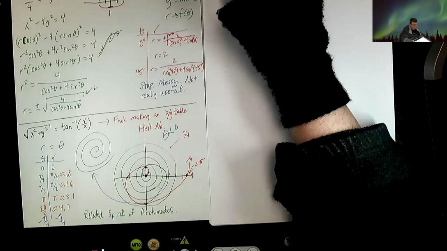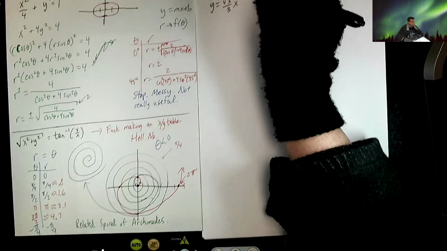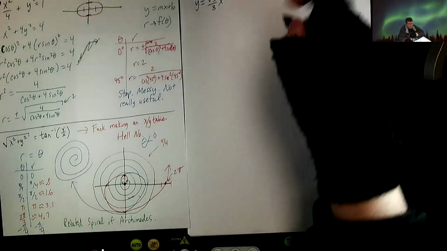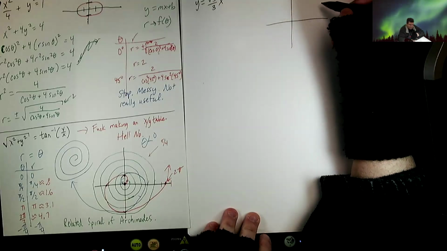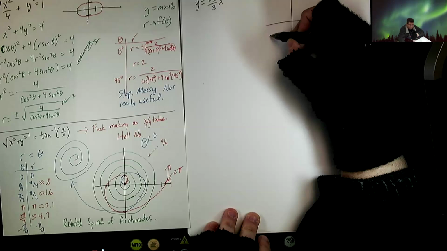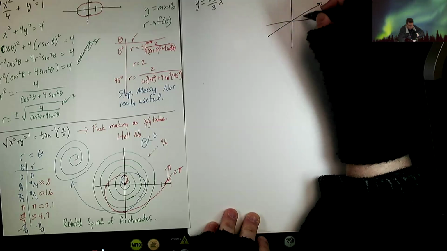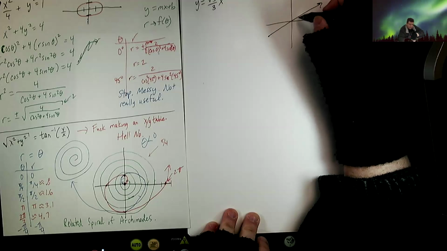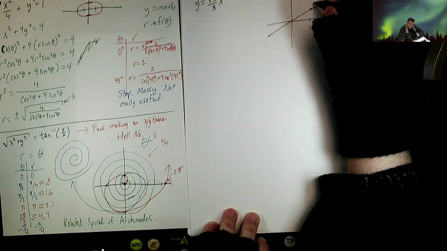y equals √3 over 3 x is a line, right? We can do that. Where when I go out x equals 1, I'm going up √3/3.